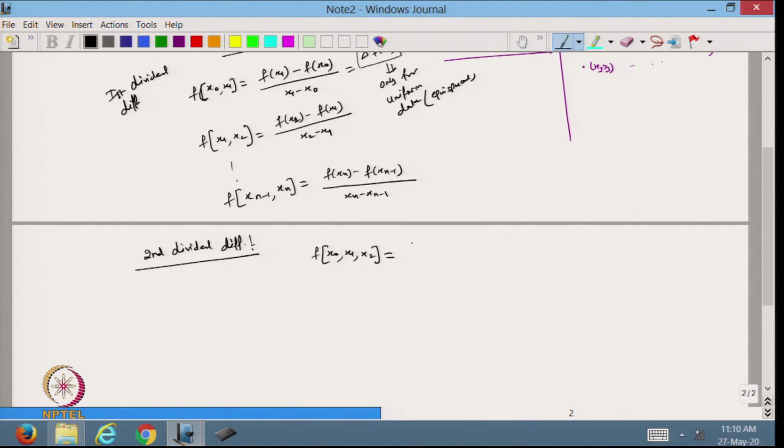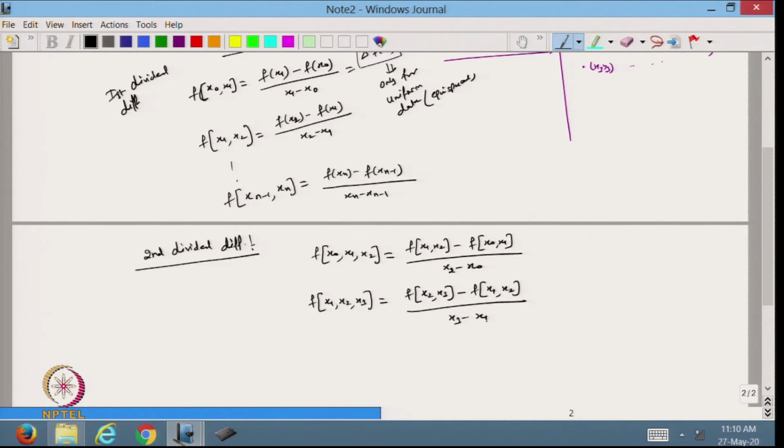So this can be written as f[x1, x2] minus f[x0, x1], the first order divided differences, divided by the last x2 minus x0. Similarly, I can define f[x1, x2, x3]. So this is equal to f[x2, x3] minus f[x1, x2], the first order differences, divided by x3 minus x1.